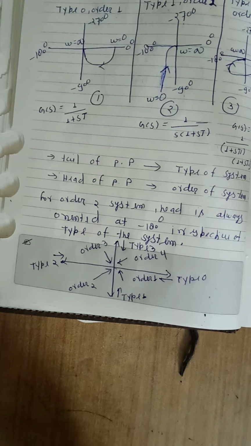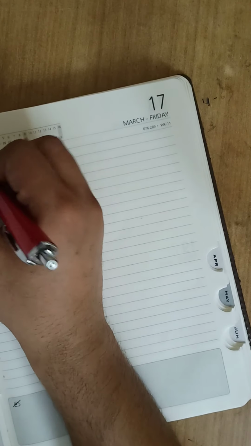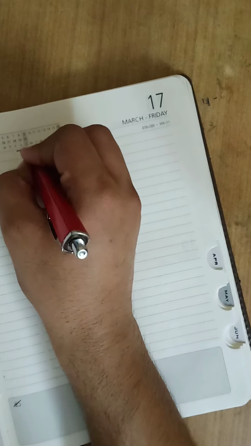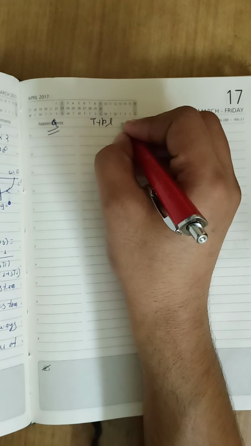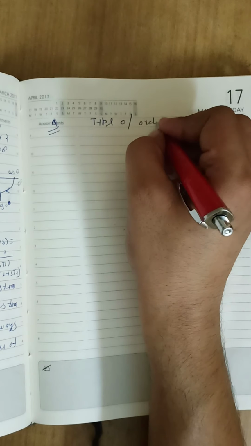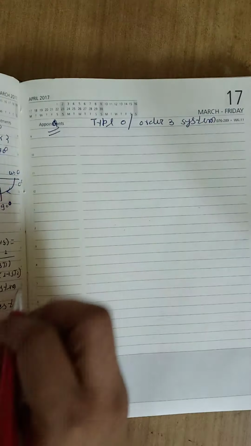Now let us consider a type 0 order 3 system. Let us see how we can write the transfer function.